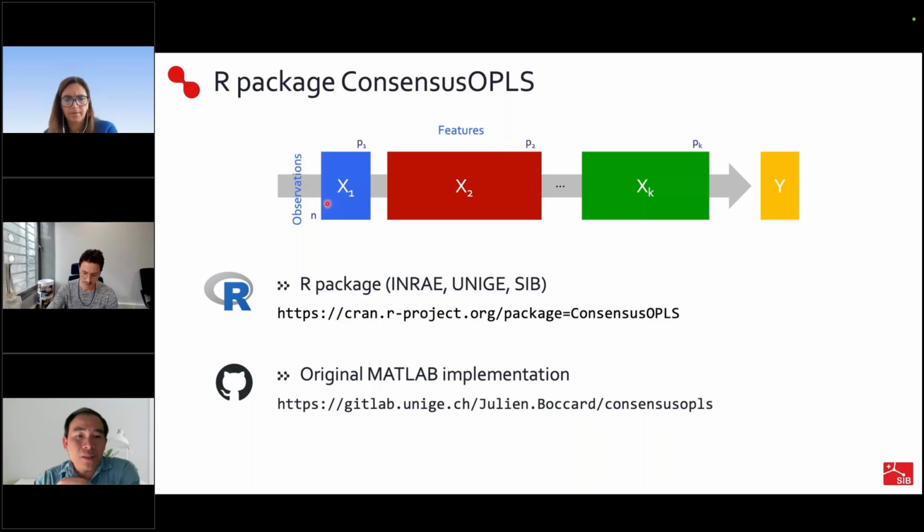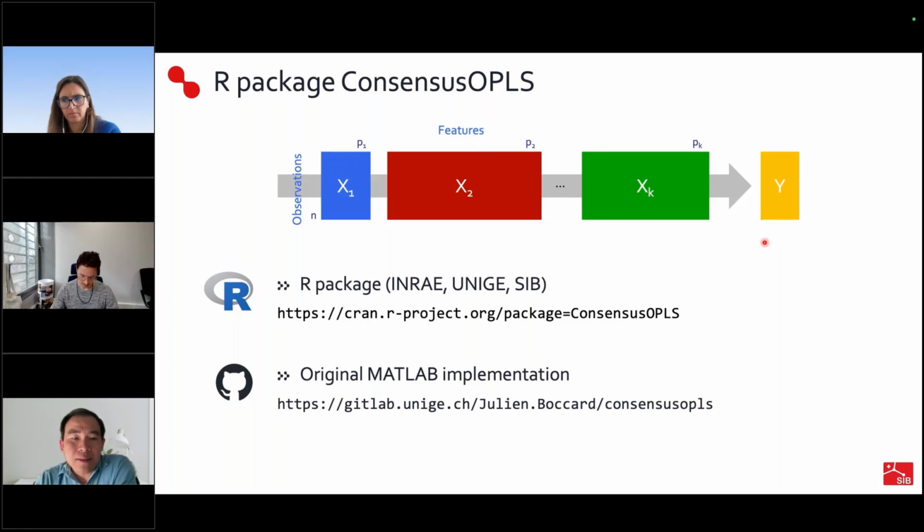So in this method, we have multiple blocks, X1, X2, Xk, with the same observations but different numbers of features, and we have one response. Okay, this response can be continuous, binary, or multiple classes.